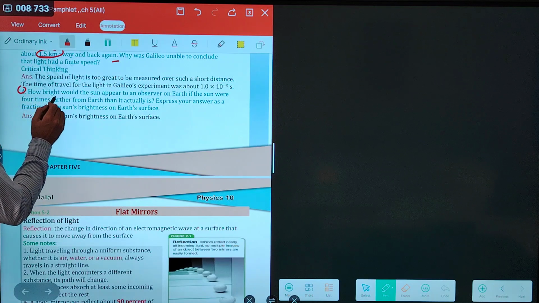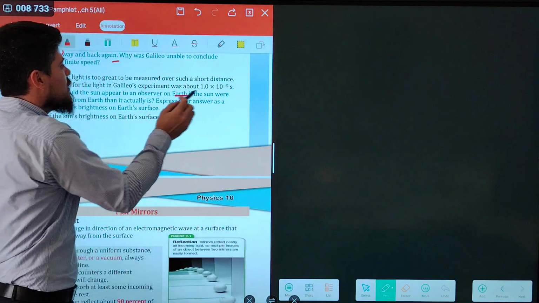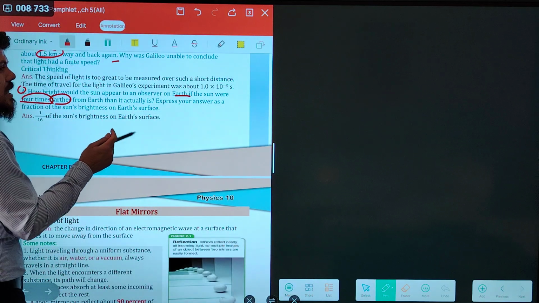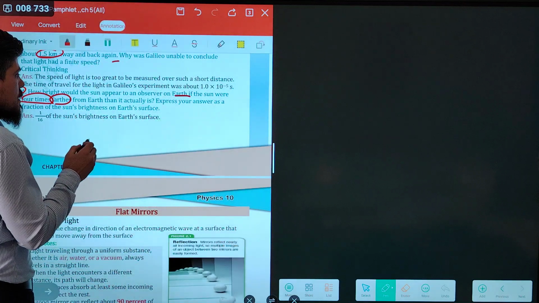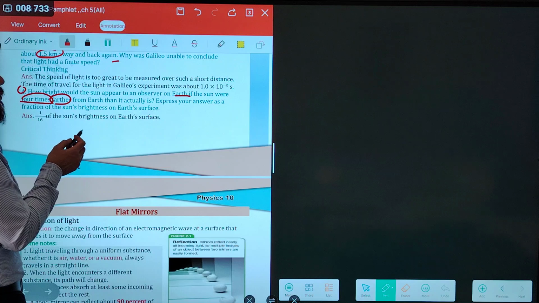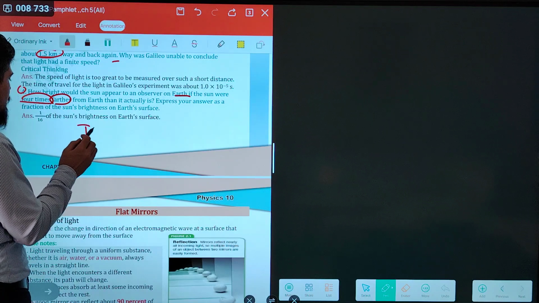Question 4: how bright would the sun appear to an observer on Earth if the sun were 4 times further? 4 times further means the distance increases by 4. Express your answer as a fraction of the sun's brightness on the Earth. So illuminance becomes what, guys?